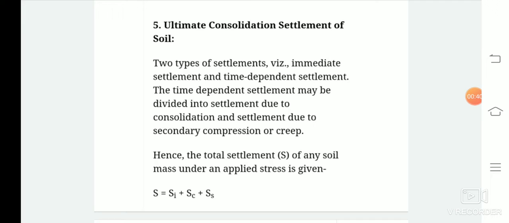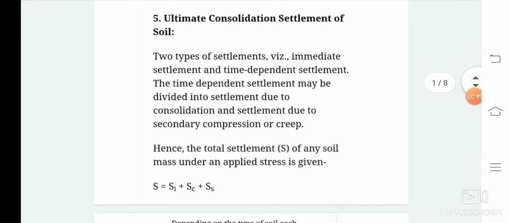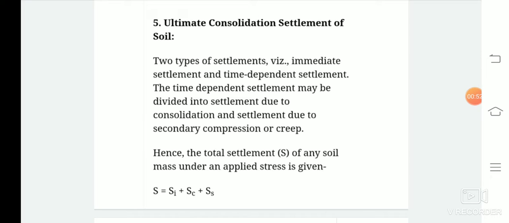So the main aim of studying consolidation is to learn the settlement of the soil, how the soil is behaving under a certain amount of load.